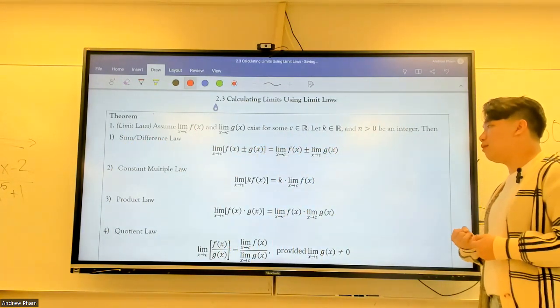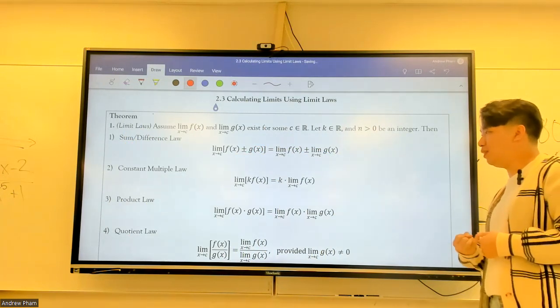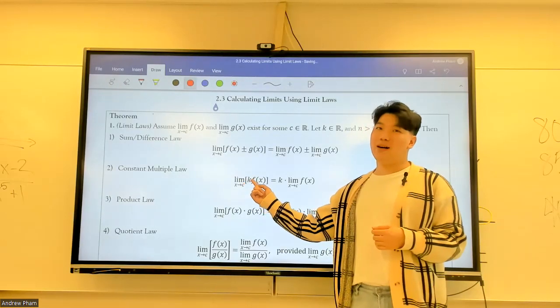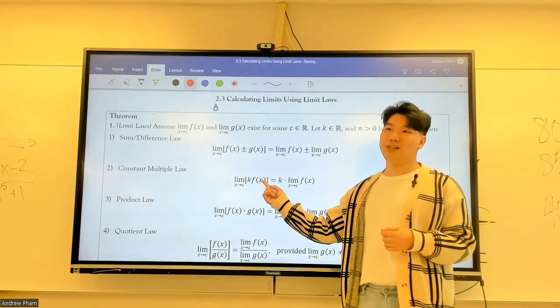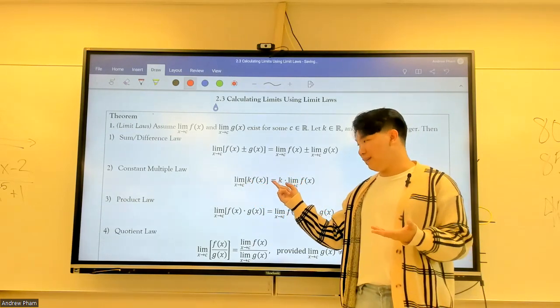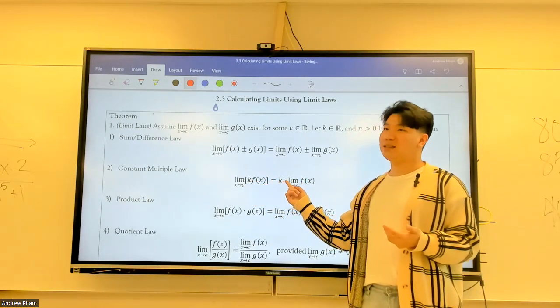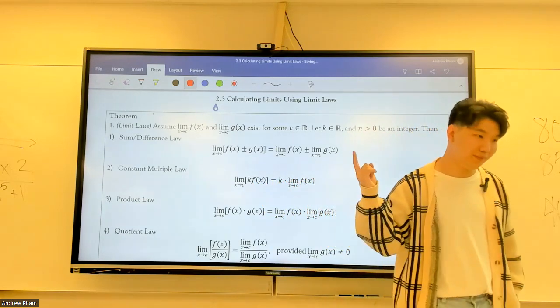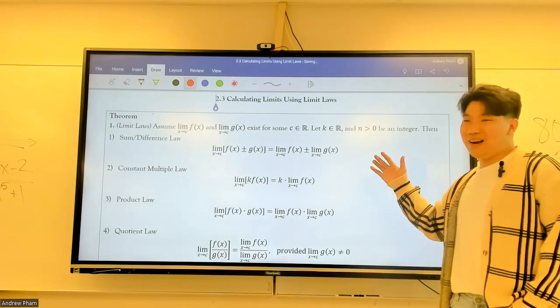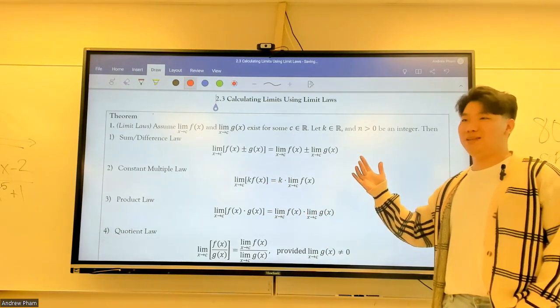The next one is called the constant multiple law. If you have a limit of a constant times a function, that's equivalent to having that constant times the limit of the function. And just like before, right now we're writing this very generally and broadly with all of these different letters.